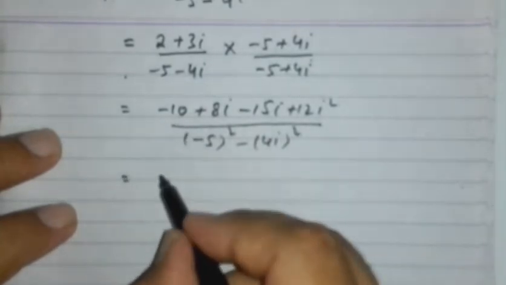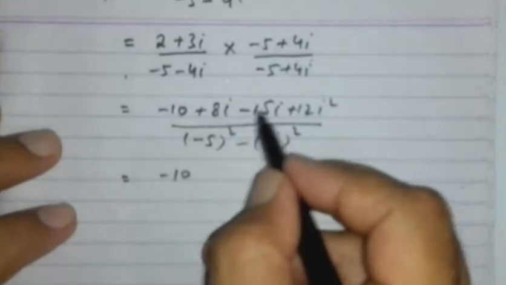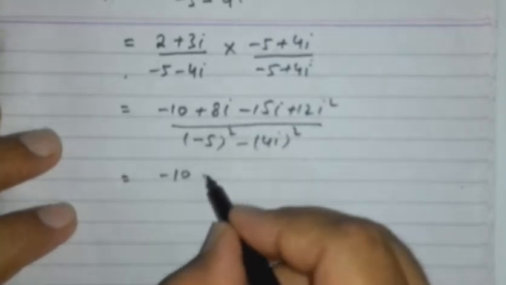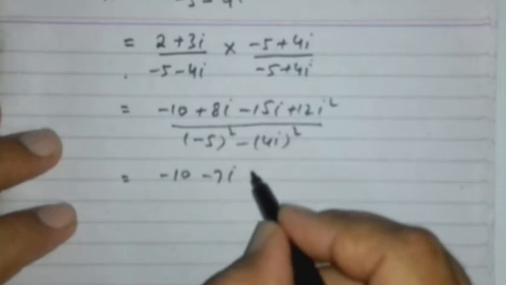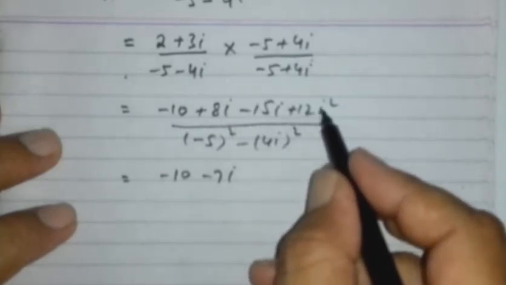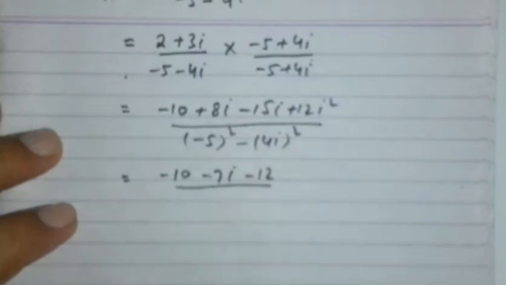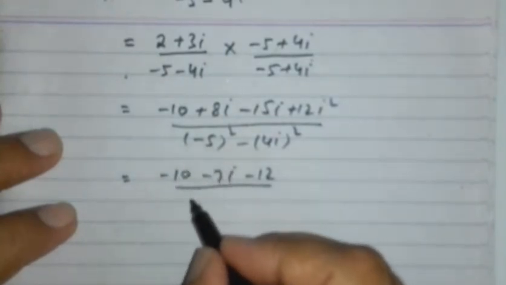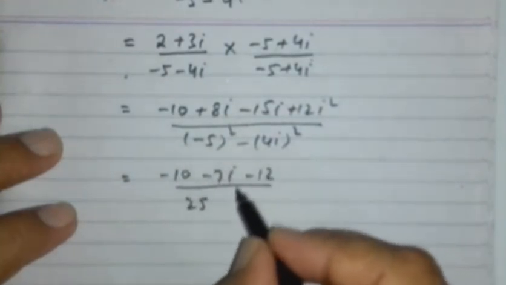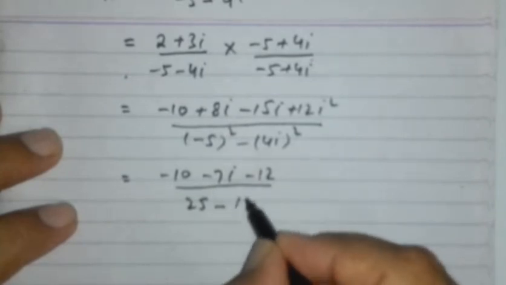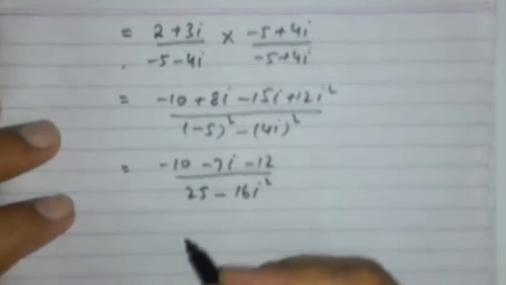Now look: minus 10 minus 15 plus 8 gives minus 7 iota, and here iota square value is minus 1, so minus into minus gives plus 12, divided by the minus 5 square is 25, and minus 16 iota square.